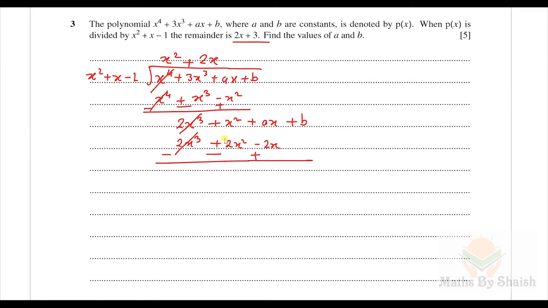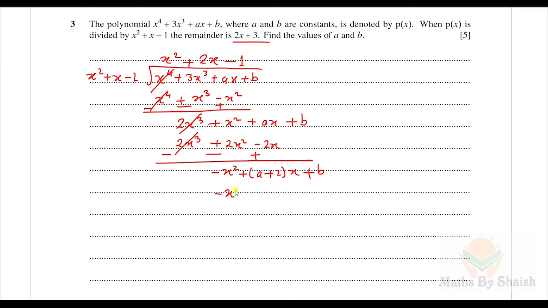These two cancel, and it becomes minus x square, plus a plus 2 times x, and plus b here, because this is a constant, and it is minus 2 here plus 2 here, so I'll write it like this. Again I need to divide, so it is going to be minus 1 to get minus x square.